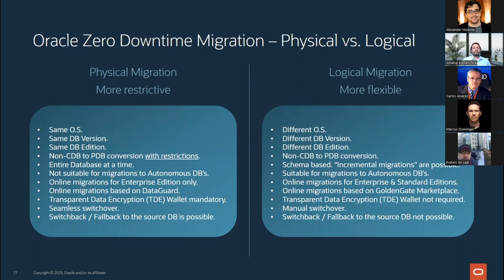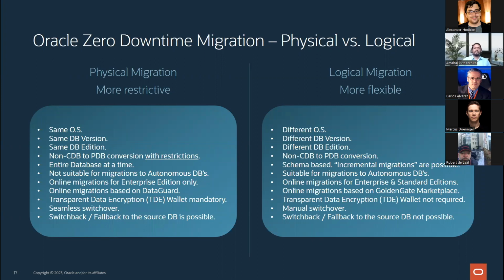You must migrate the entire database at a time, and you cannot use physical migration, as we said before, to Autonomous. Of course, we talked about Enterprise Edition and online restrictions for Standard Edition. And another important thing is that Transparent Data Encryption is mandatory in the physical migration.